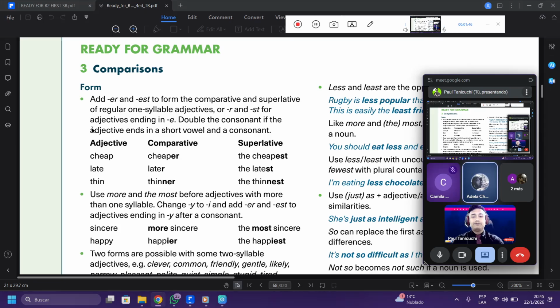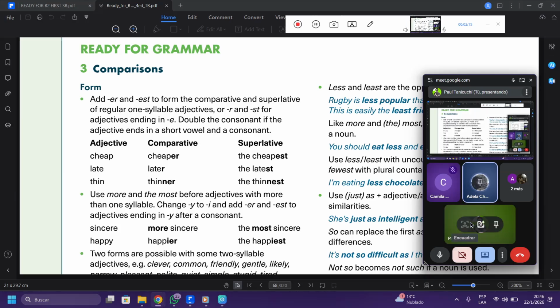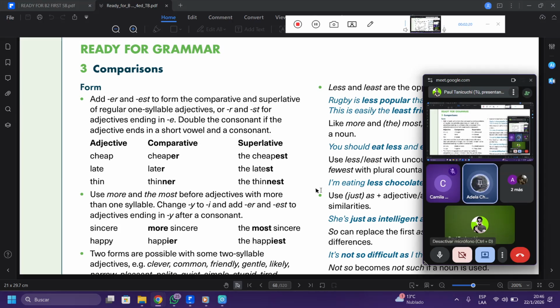Comparisons: add er and est to form the comparative and superlative of regular one-syllable adjectives, or r and st for adjectives ending in e. Double the consonant if the adjective ends in a short vowel and a consonant. Examples: adjective, comparative, and superlative. Cheap, cheaper, the cheapest. Late, later, the latest.